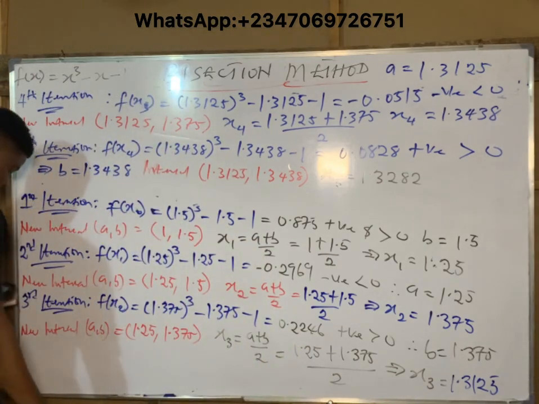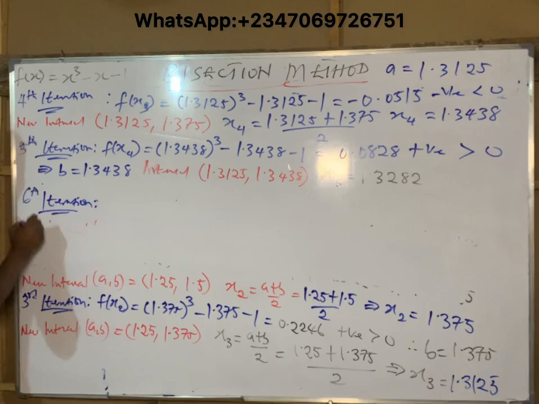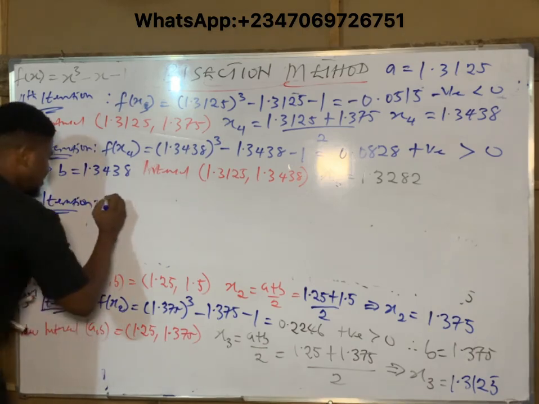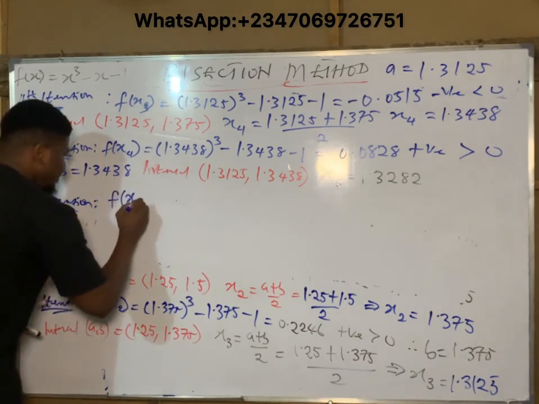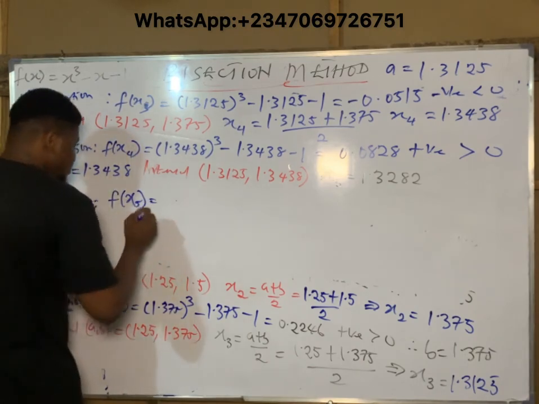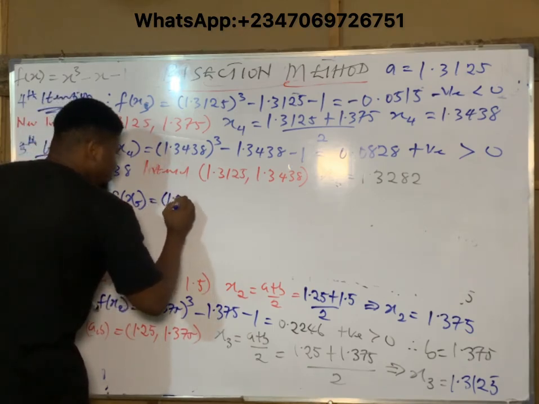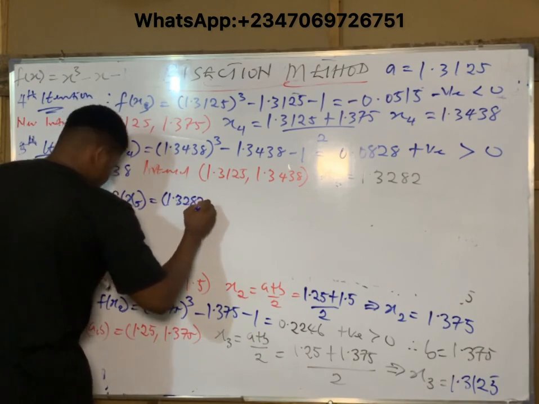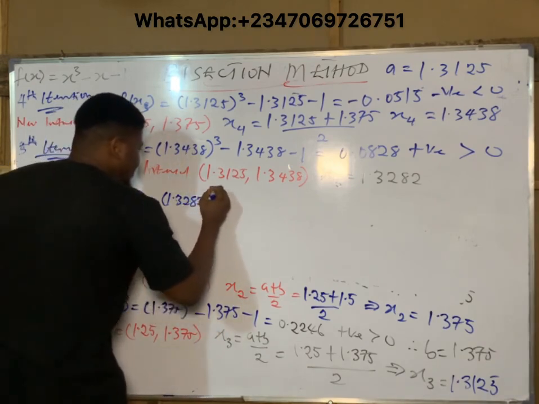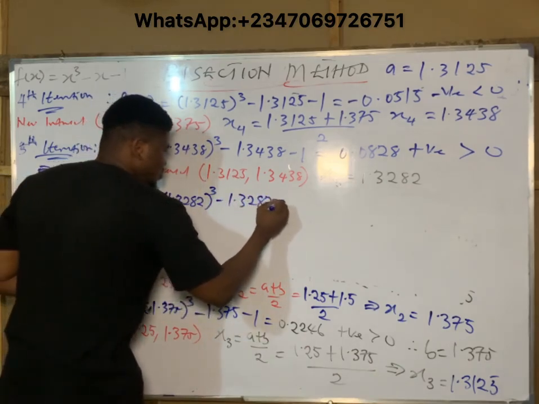So we'll continue with our iteration. Now we proceed with the sixth iteration. That becomes f of x5, and x5 gives us 1.3282. So we have x cubed, which is 1.3282 to the power of 3 minus 1.3282 minus 1.